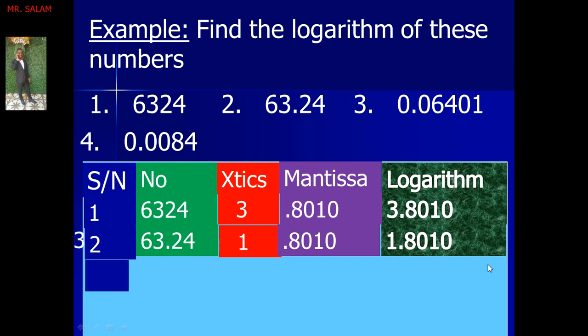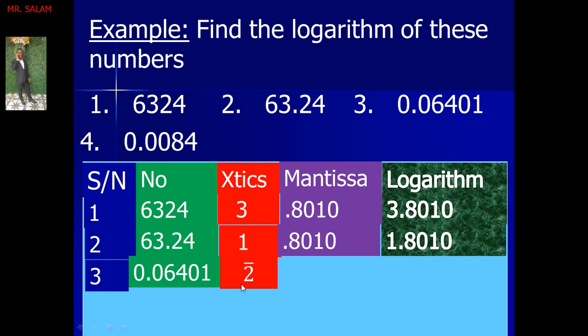Now let's look at number 3. We have 0.06401. Don't forget I told you to find the logarithm of this number. The characteristics of this number will be bar 2, since there are 2 zeros before the first non-zero digit here.